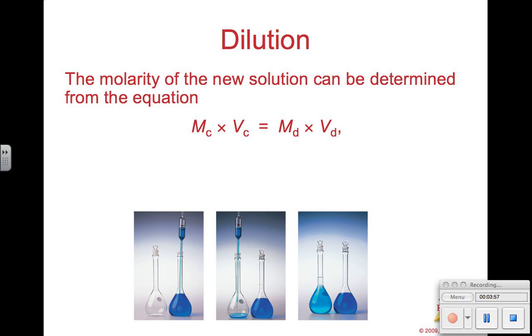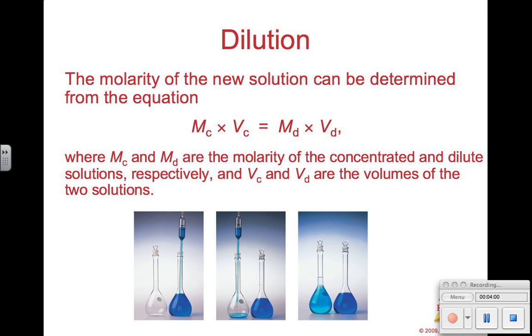This equation is the easiest way to calculate a new concentration from your stock solution. The C stands for your concentrated solution, and the D stands for your diluted solution. Let's say you want to make a 1 molar solution of hydrochloric acid, and we want to have 500 milliliters of it.